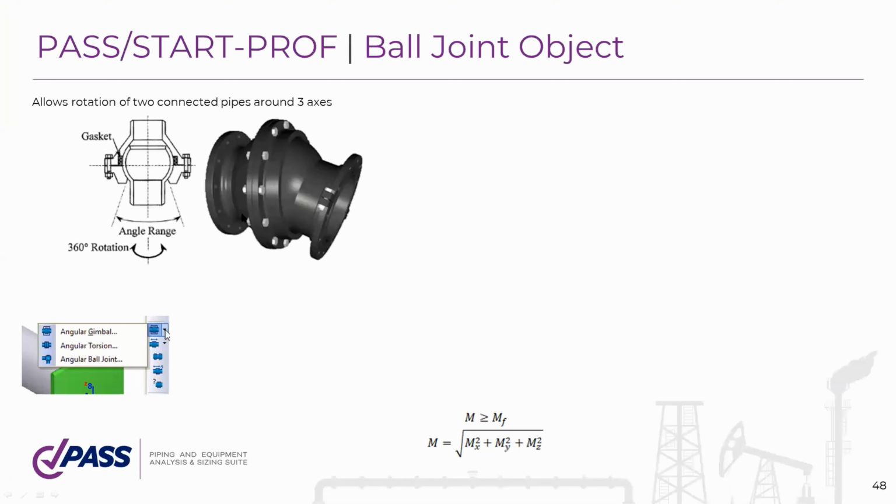The next feature that we added in the new version is the ball joint. The ball joint allows two pipes to rotate around each other. So 2 pipes can rotate, but unlike the ordinary expansion joint like bellows that has stiffness in this point, the ball joint has a friction moment.